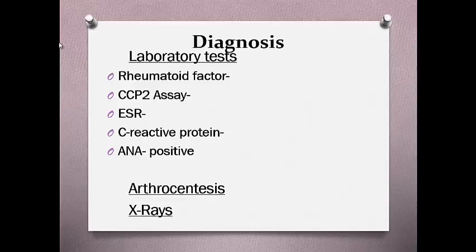And this helps look at the progression, look at the joints. In the early stages of the disease, you might not see a whole lot, but initially soft tissue swelling might be visible. And then as the disease progresses, it shows the bony erosions and the narrow joint spaces. So x-rays are helpful to track the progression of the disease over time.